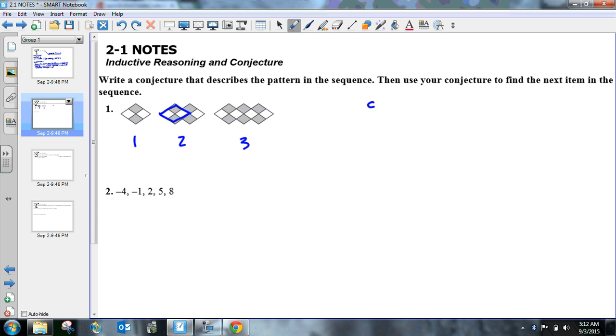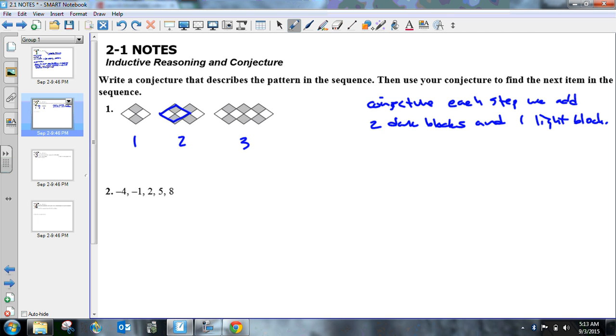So my conjecture is that in each step we add two dark blocks and one light block.